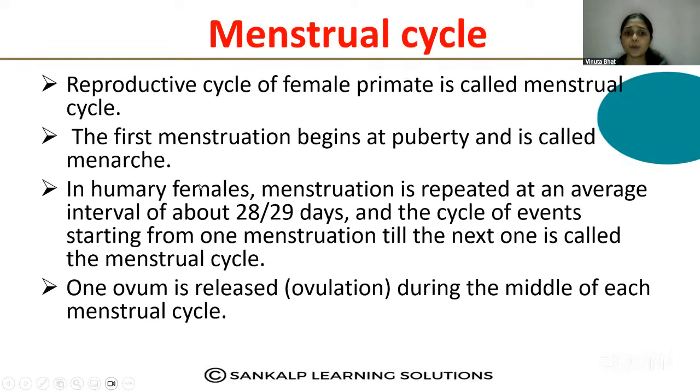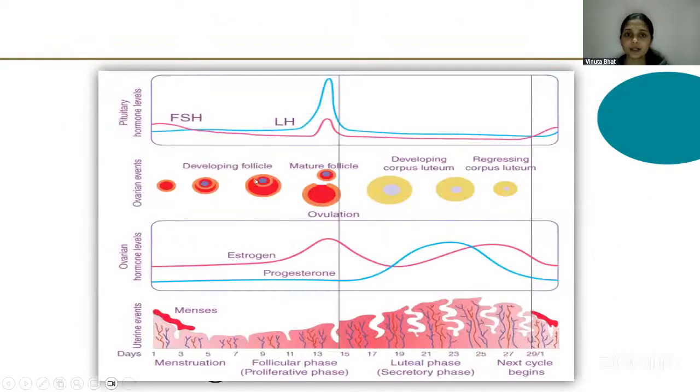Then a very important thing, the menstrual cycle. The menstrual cycle is the reproductive cycle of female primates, where the ovum or the secondary oocyte is released in the middle of the cycle. Here the very important thing is the phases of the menstrual cycle.